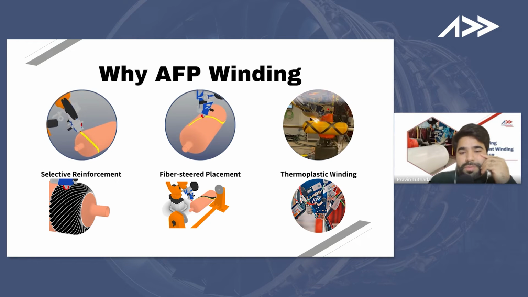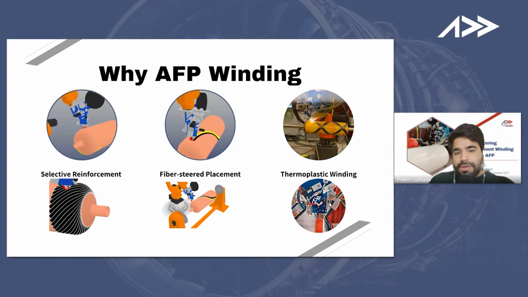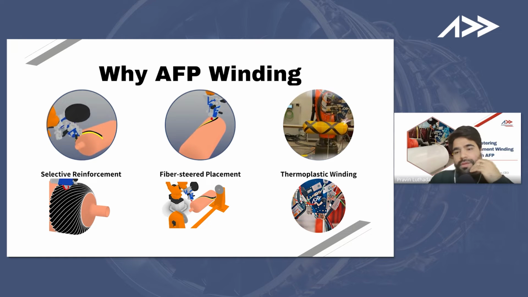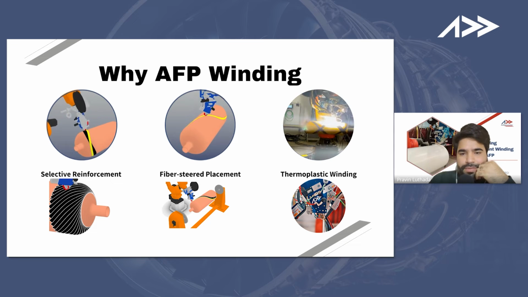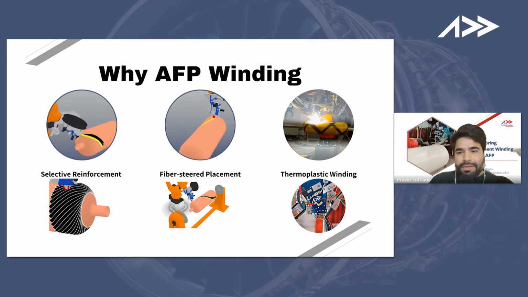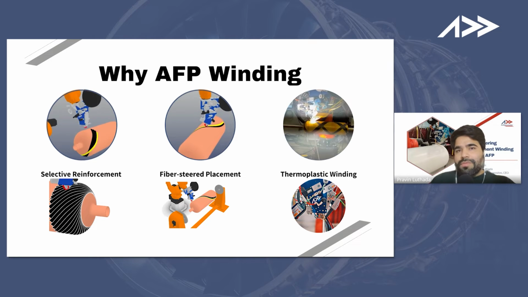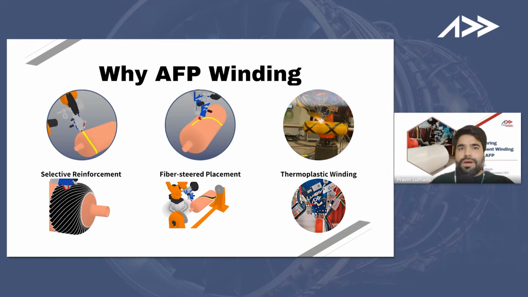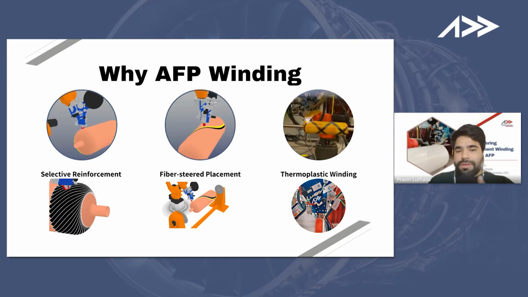So you can do fiber steering on top of either existing wound parts or just to start with on the liner. Yeah, and thermoplastic winding. Now, as we are able to do thermoplastic winding, there is a possibility to still keep the ability to do thermoset dry windings and then have thermoplastic winding as well.